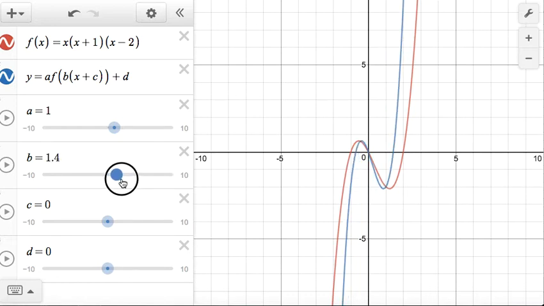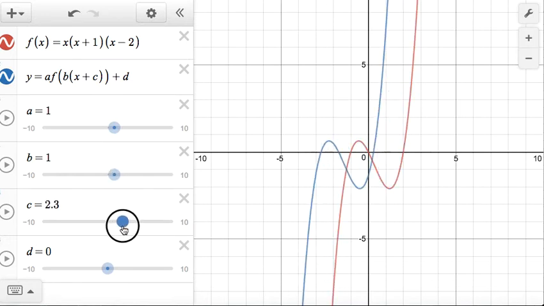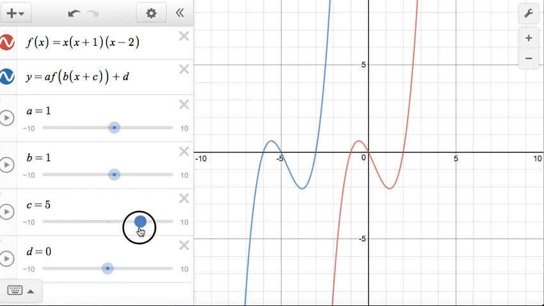Now, one other key that I want to look at is when we did that flip earlier, we let c be 0. Well, now I'm going to change c. I'm going to make c 5. So we talked earlier that making c 5 is a horizontal transformation, or translation, by 5 units to the left.